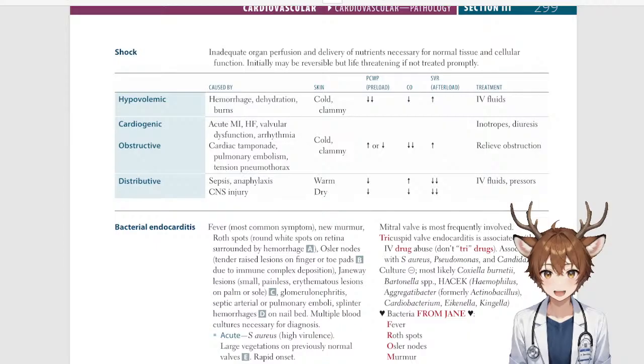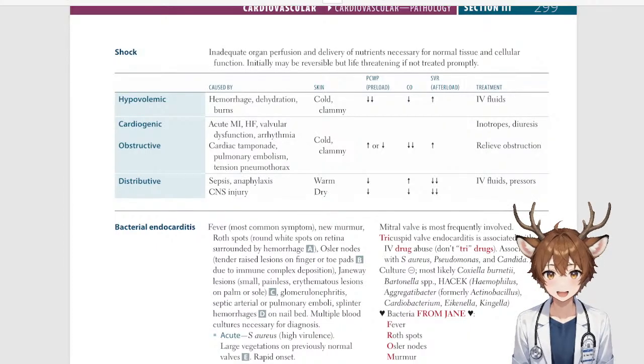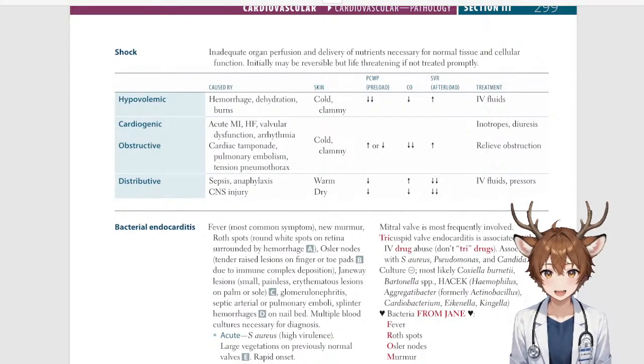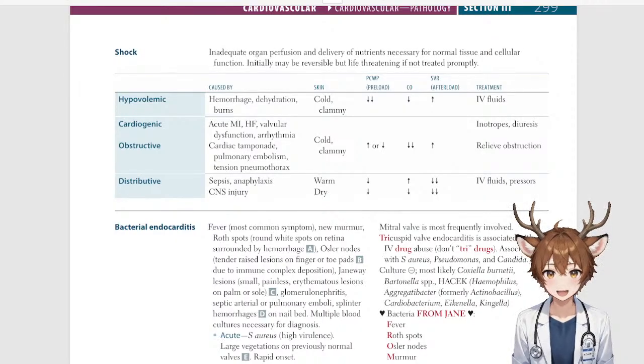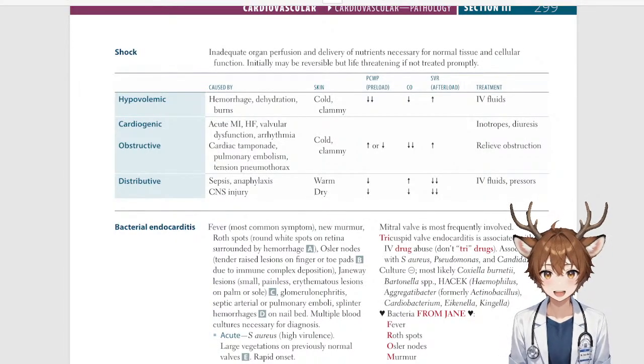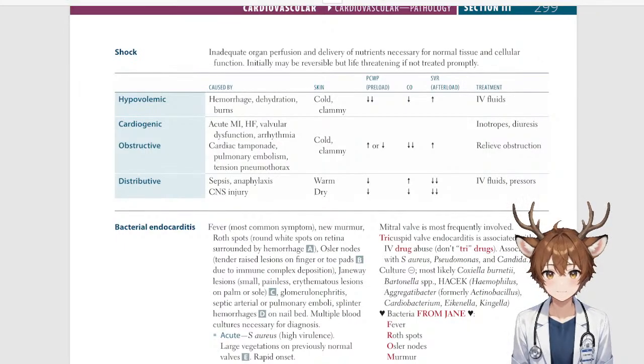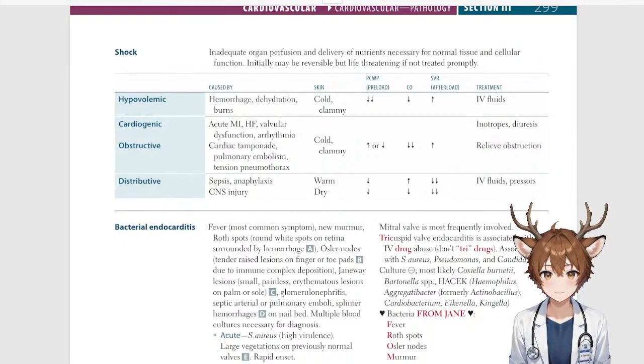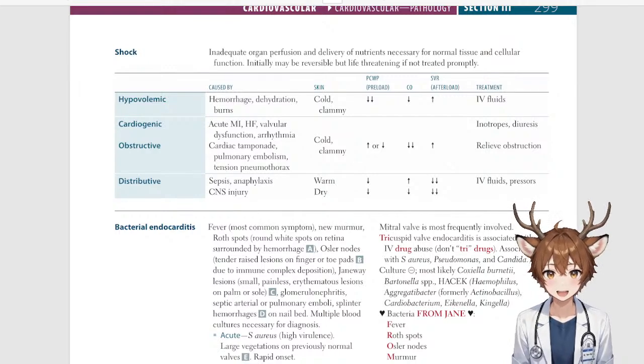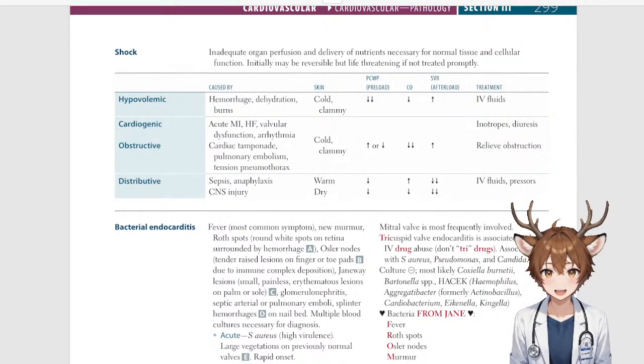High output state is due to the decrease in systemic vascular resistance from either vasodilation or arteriovenous shunting. Causes include severe obesity, advanced cirrhosis, severe anemia, hyperthyroidism, wet beriberi, Paget disease of bone. Presents with symptoms and signs of pulmonary and/or systemic venous congestion.